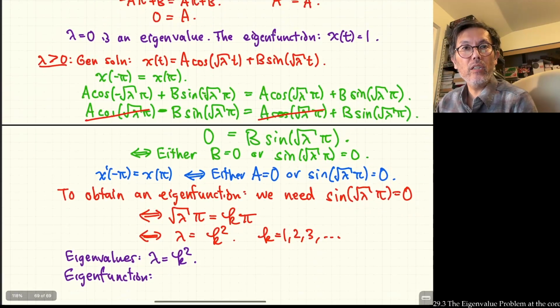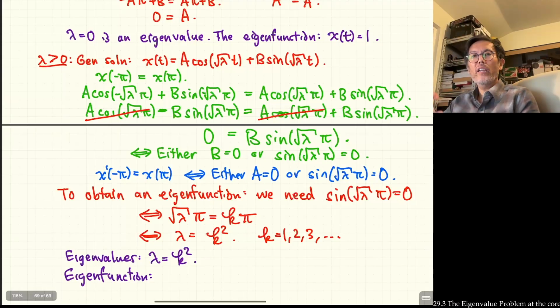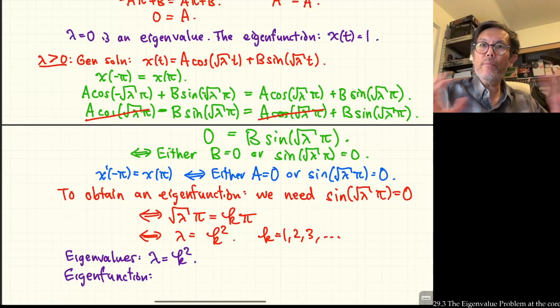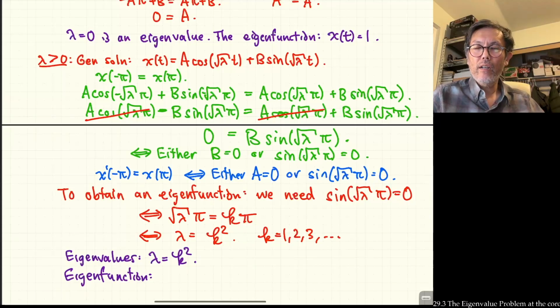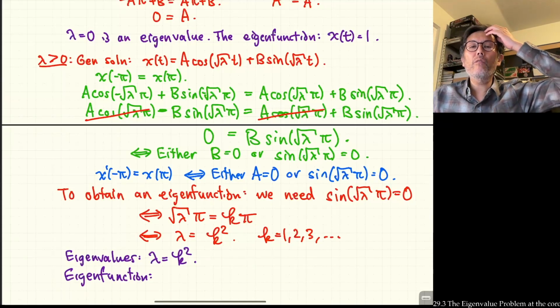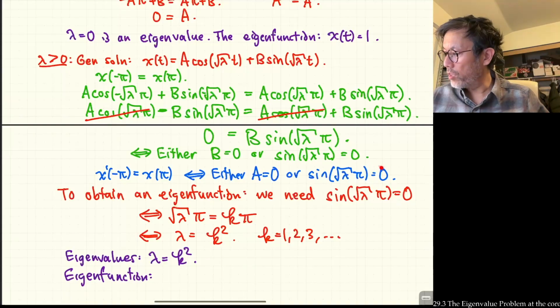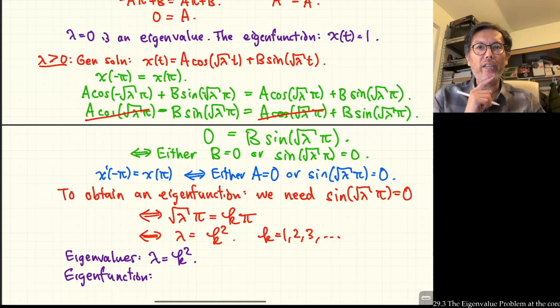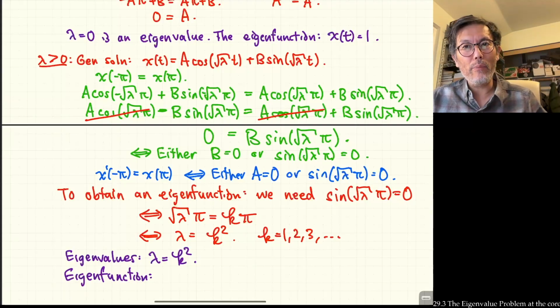And in particular, that's going to mean I don't care what A and B are. They can be whatever they want to be. Because no matter what A and B are, as long as this condition is satisfied, which it is if lambda is equal to k squared, then I'm going to get a solution to my boundary value problem. Isn't that cool?